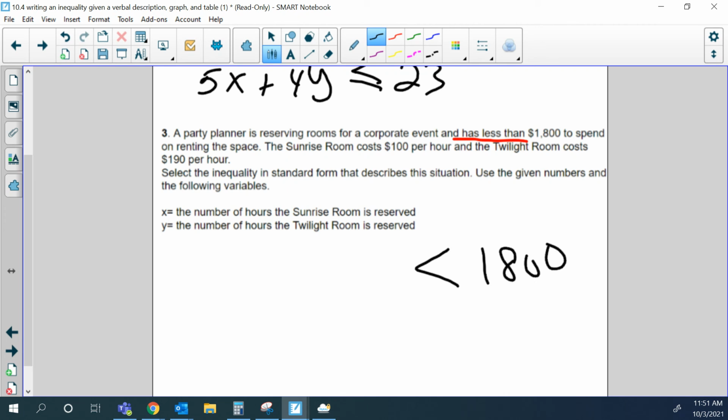The number of hours the Sunrise room is reserved is going to be x, and the cost is $100, so we have 100 times x, plus the cost for the other room, 190, times y. That's your inequality right there. All right, guys, setting up this equation is not hard. The key is knowing which inequality you're going to use. So let's look at the next one.